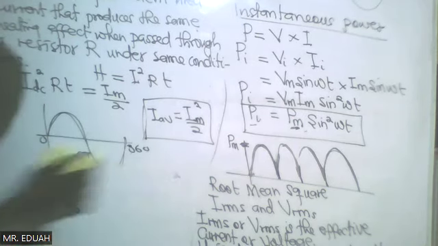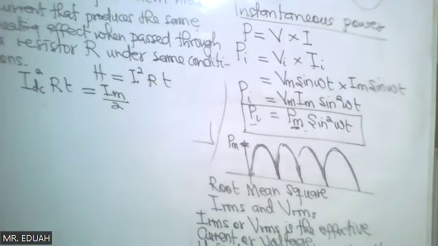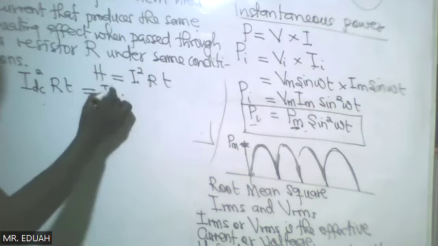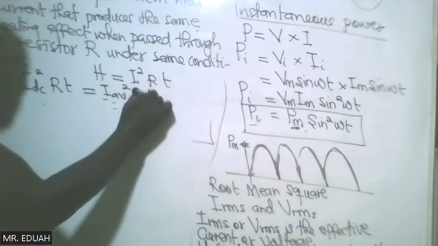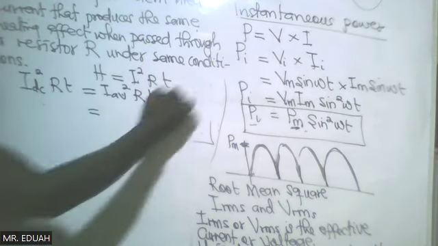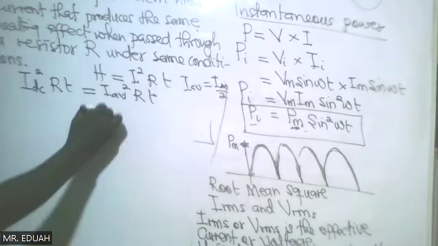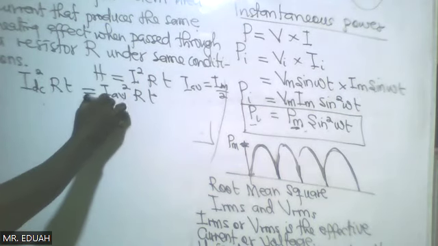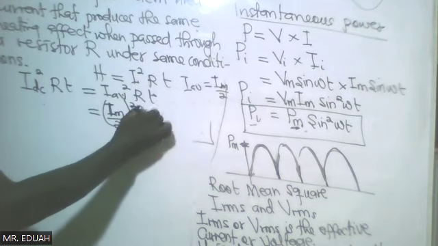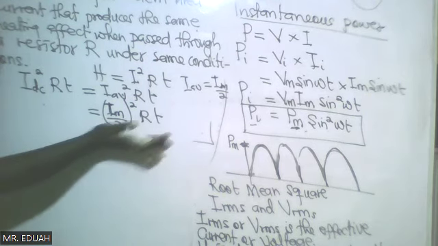So in passing this through, the average current squared times the resistance times T. But we've just seen that the average current I average is given by IM over 2. So I maximum over 2 squared, this squared times R times T would give you the heating effect produced by the alternating current.